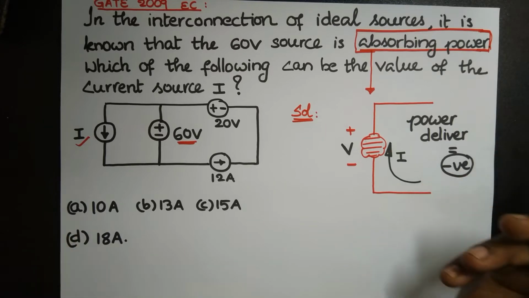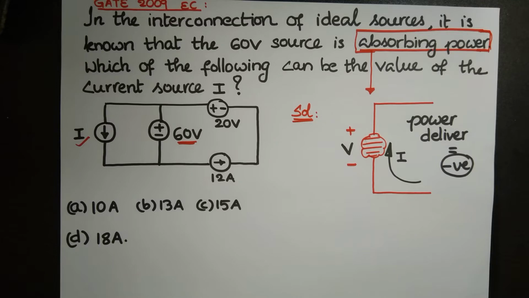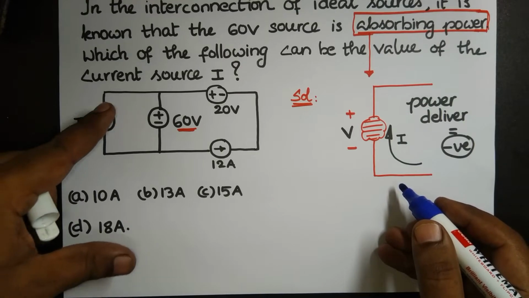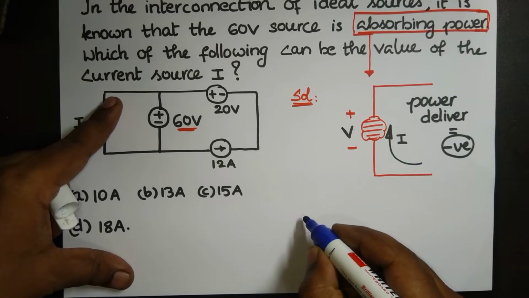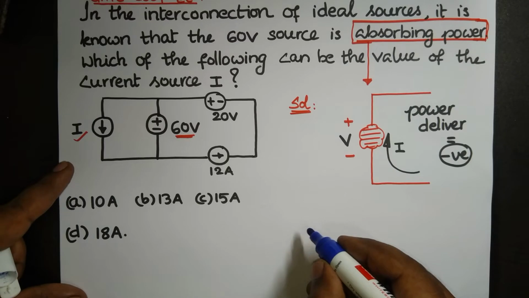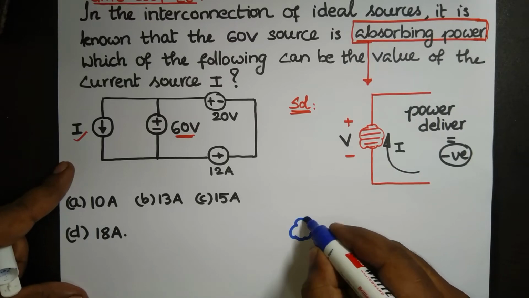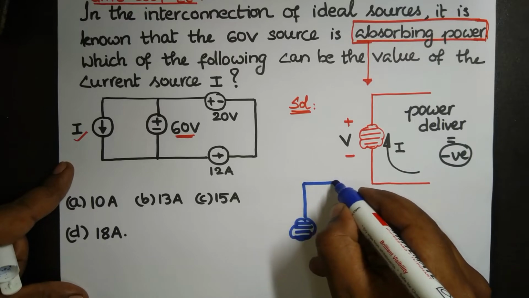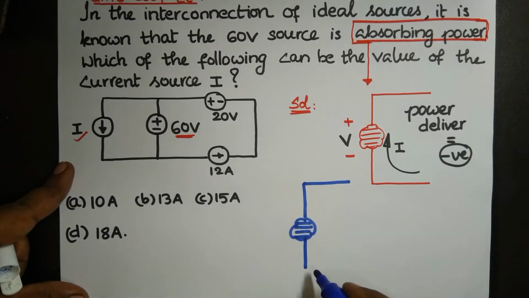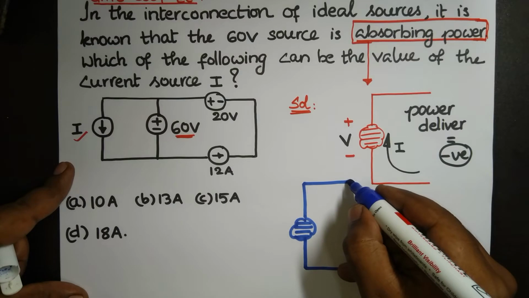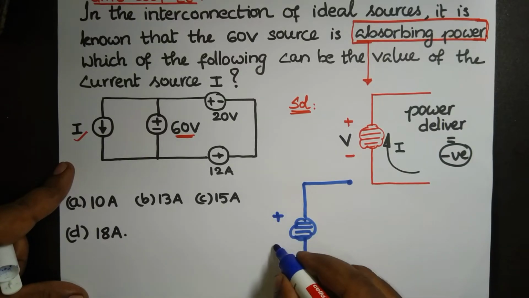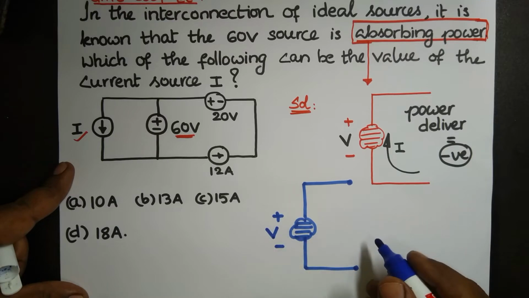Now what happens in the reverse case? This was case 1. Let's take case 2 like this. Let me take some element, and say this element is again a voltage source.